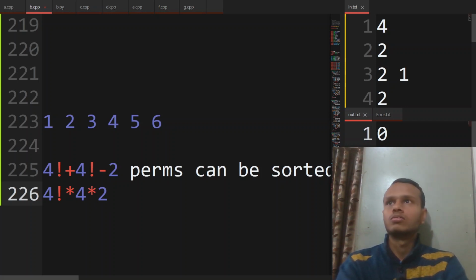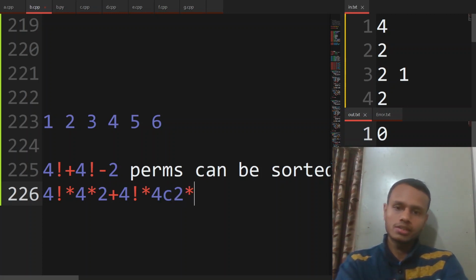Now when both of them are present, so plus again factorial 4 times, now the number of ways of choosing two numbers from this permutation, so that is 4c2. So 4c2, let's just write it like this, times 2, because 5 and 6 can also flip. That doesn't matter because that will be included in the factorial form.